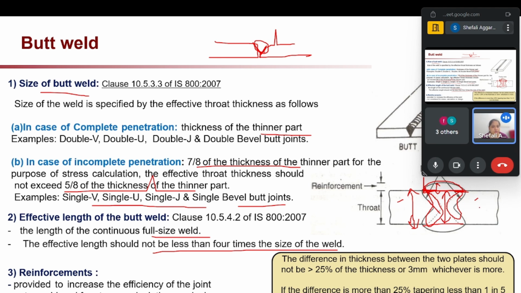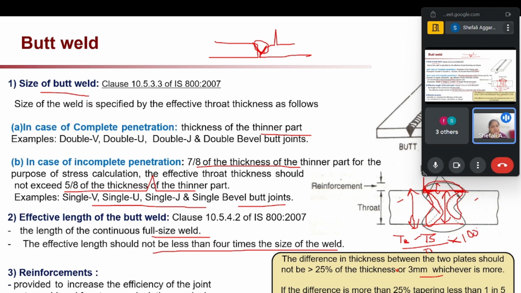The next important point during the design of butt weld is that the difference in thickness between two plates should not be more than 25% of the thickness, or 3 mm, whichever is more. I think it is the thickness of the thinner plate. So this difference, thickness of bigger minus thickness of smaller, divided by thickness of smaller, into 100, should not be more than 25% or 3 mm, whichever is more.